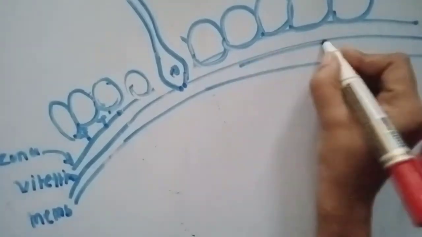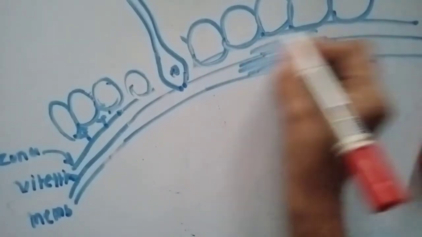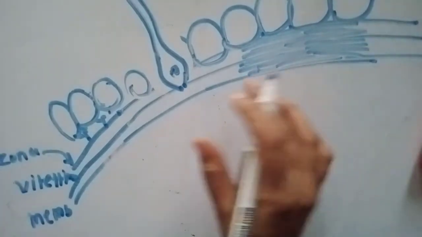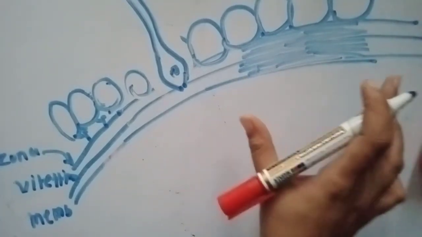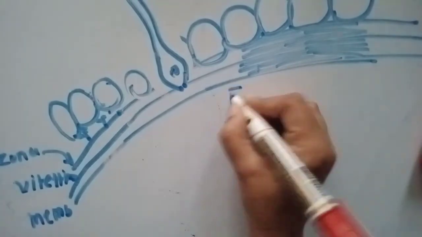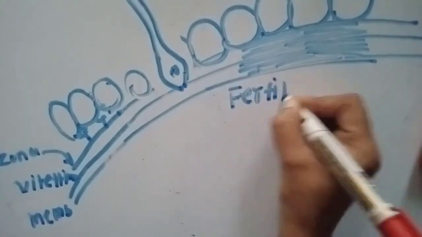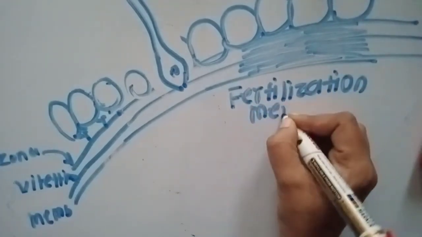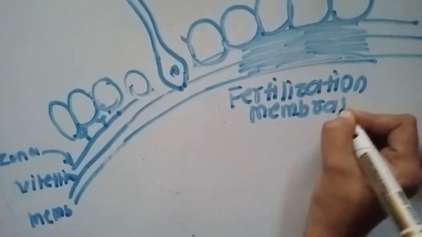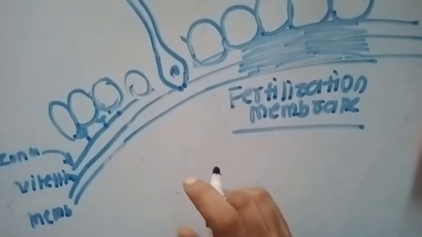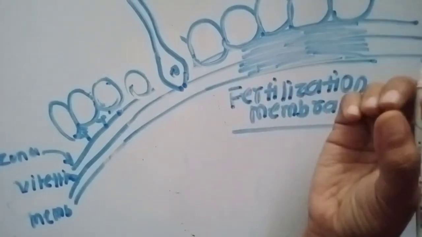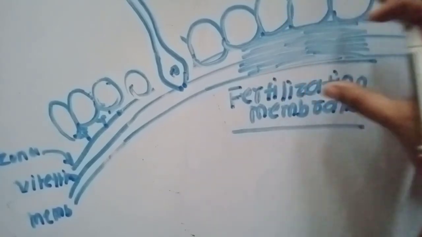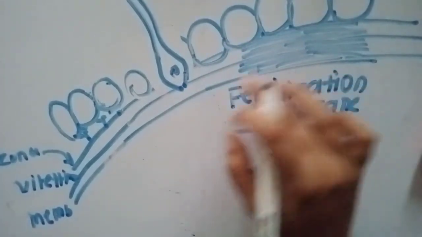Because of this, the membrane hardens, and this membrane is called the fertilization membrane. The fertilization membrane also absorbs some water, it gets imbibed. It becomes a thick layer, and it gets lifted up.